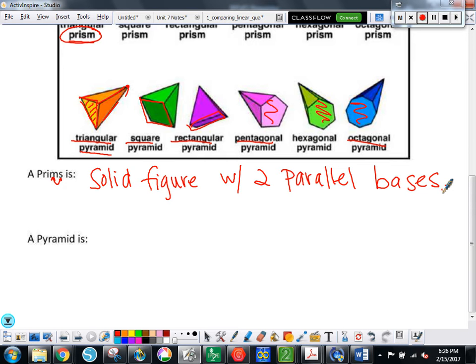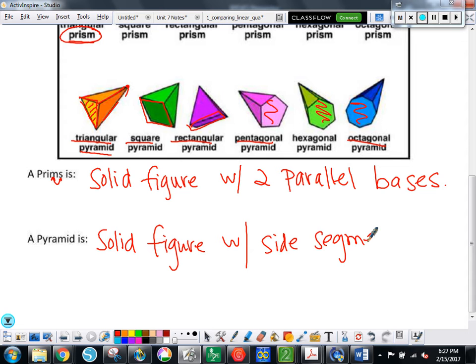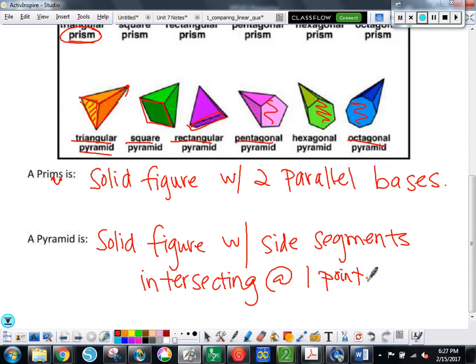A pyramid is a solid figure with its side segments intersecting at one point.